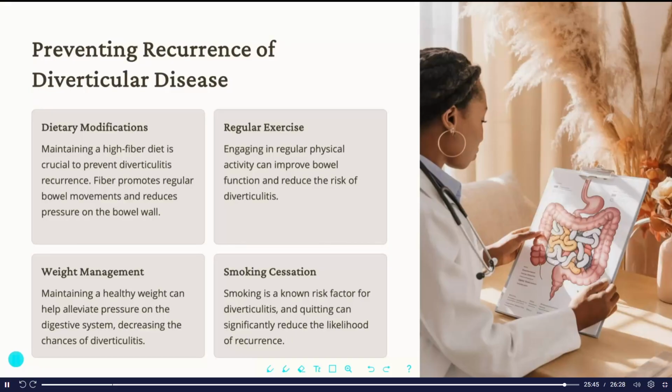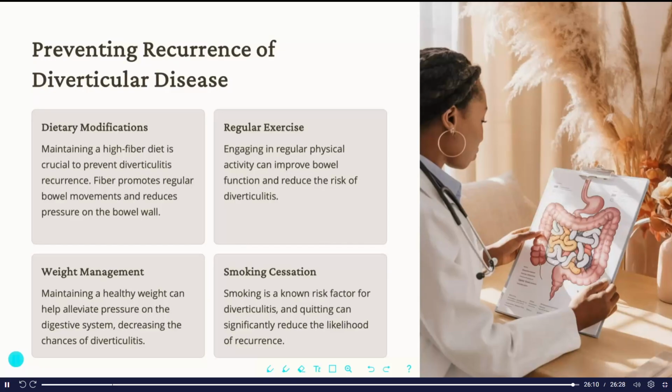And teaching the patient to defecate when the urge occurs and not holding it in. They may want to avoid activities that can increase that intra-abdominal pressure, and that might cause another attack of diverticulitis. So things like straining, bending over, and heavy lifting.